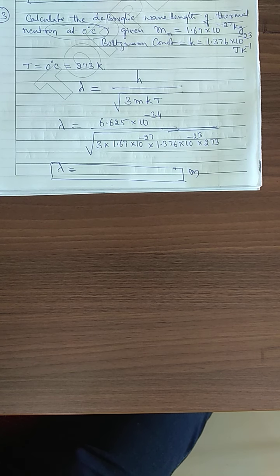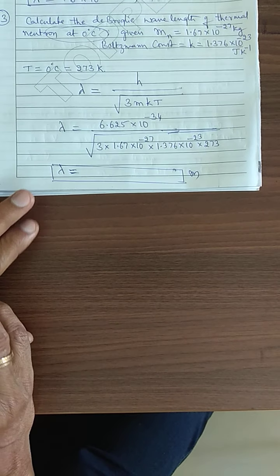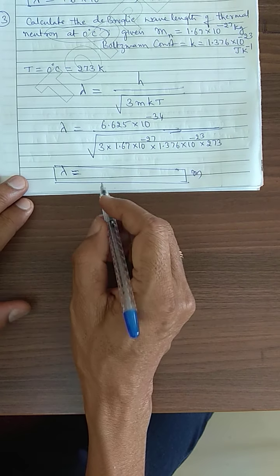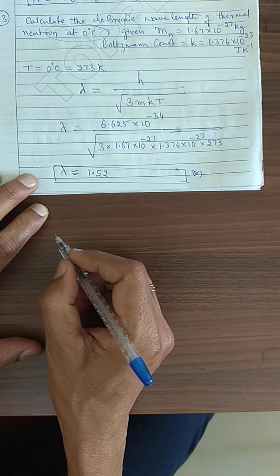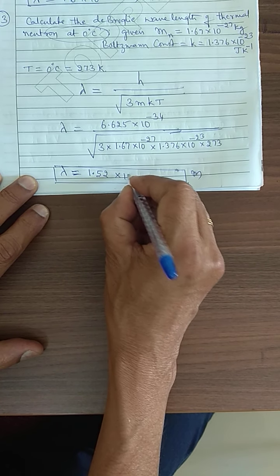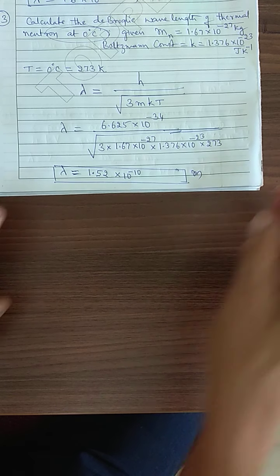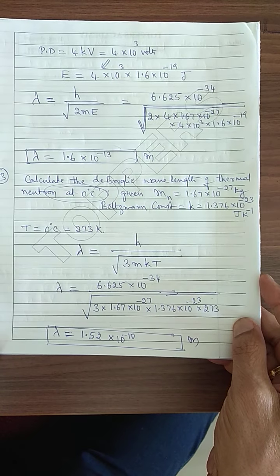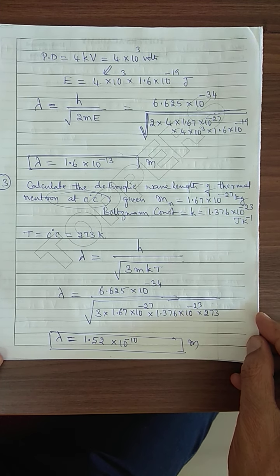This answer, how much? 1.52 into 10 to the power minus 10. This is the answer you are supposed to get. Check with the problem with answers.